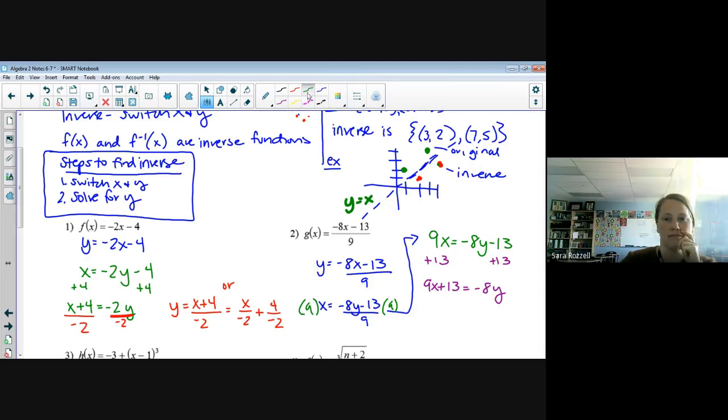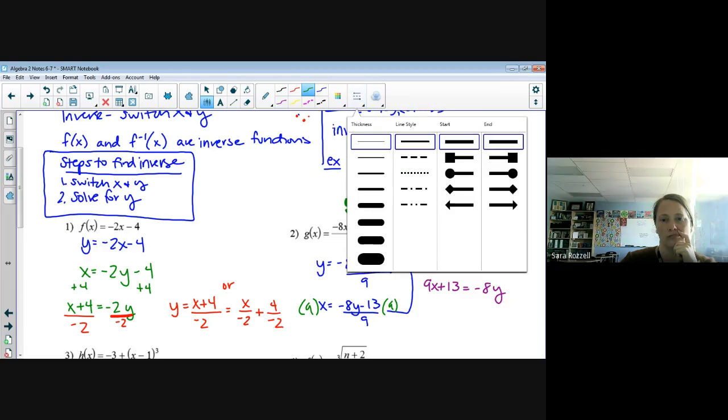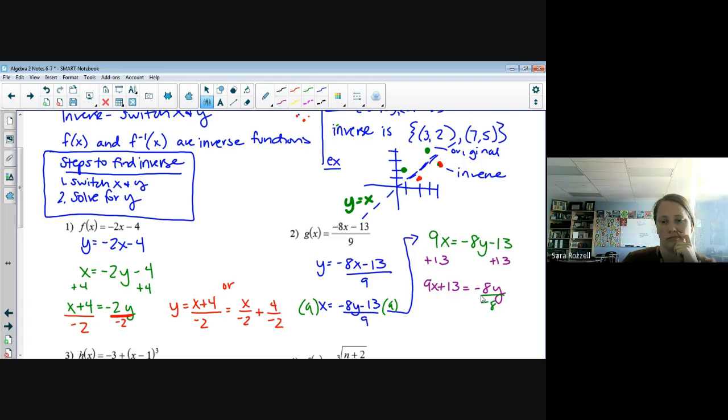The negative 8. So y equals 9x plus 13 over negative 8, or negative 9 over 8x minus 13 over 8, because we put the negative 8 underneath both of them.